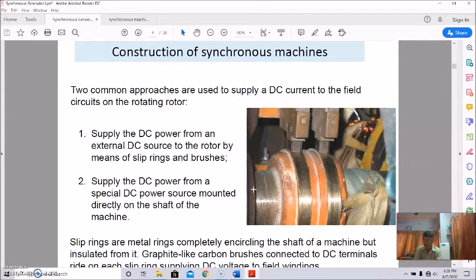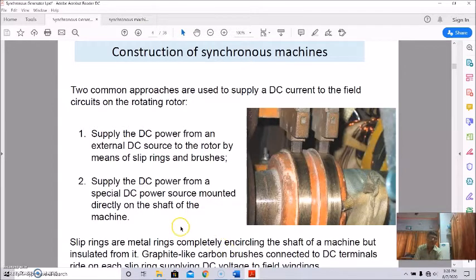Basically, these are the excitation systems of synchronous machines, mainly the DC exciter, static excitation systems, or brushless excitation systems. These are the three different systems. Both the static excitation systems and DC excitation systems are not much in use nowadays; we are using a brushless excitation system.